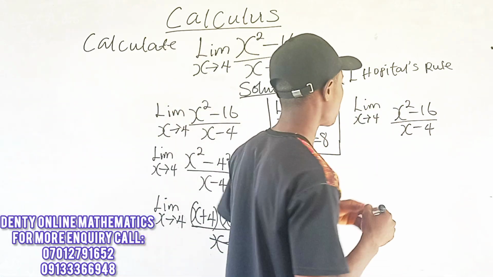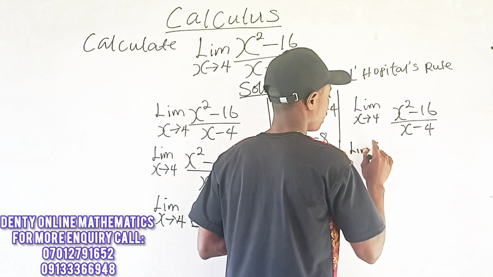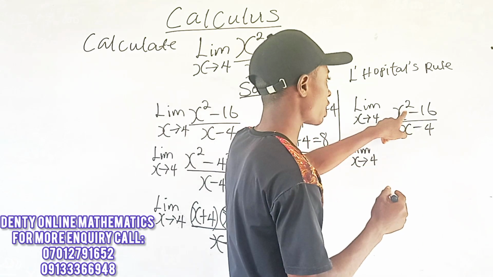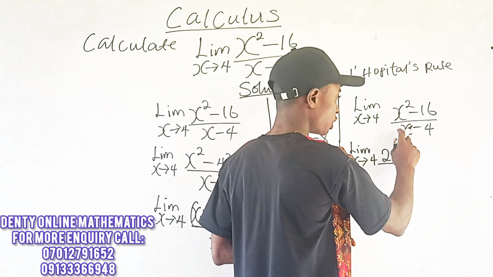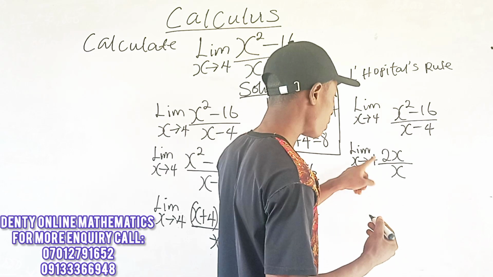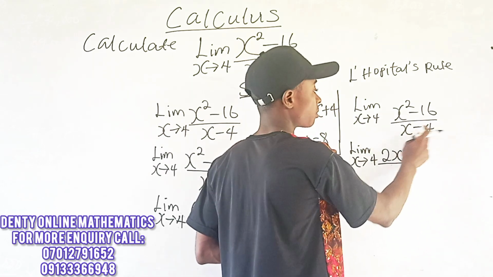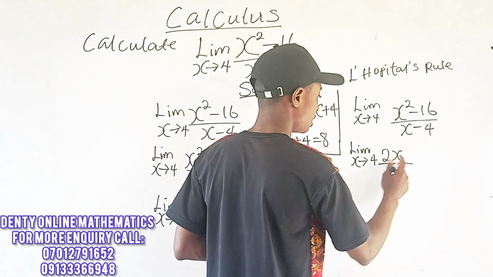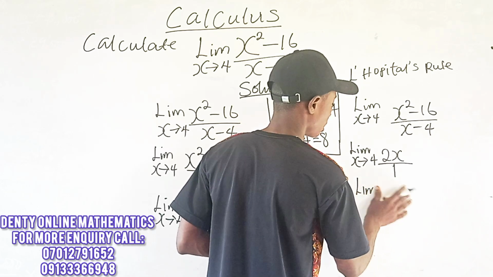If you differentiate the numerator x squared minus 16, you are going to have 2x. If you differentiate x minus 4, you are going to have 1.